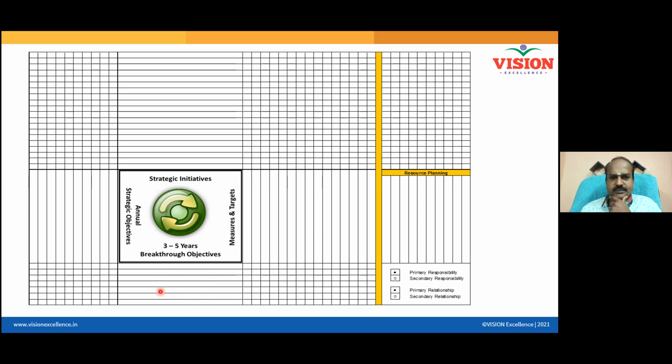But how will you achieve it? The 3-year objective will be achieved by working out the objectives for the first year, the second year, and the third year. All the annual objectives will appear here, right? These annual objectives will now become quarterly objectives. These are strategic goals, these are tactical goals, these are operational goals.